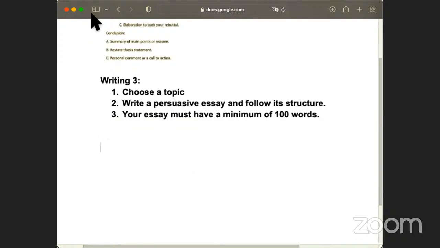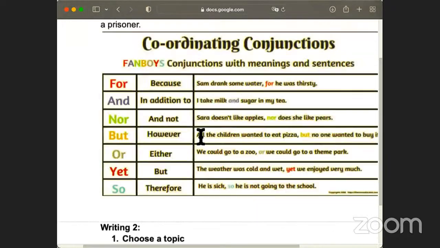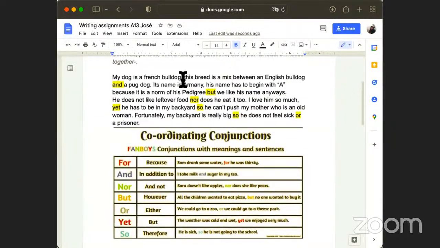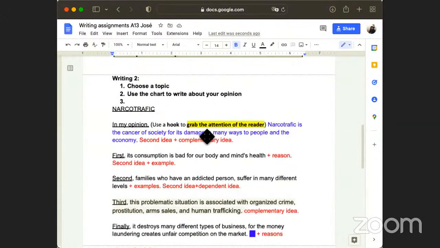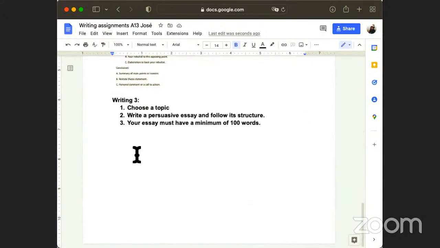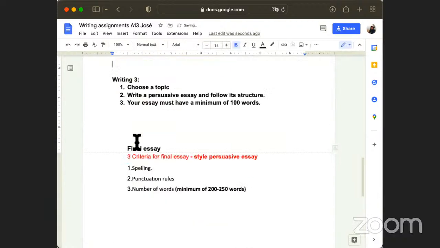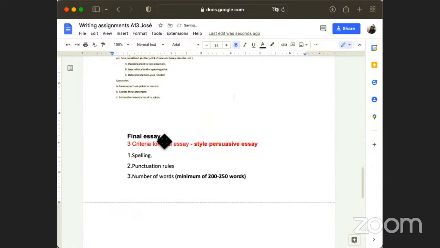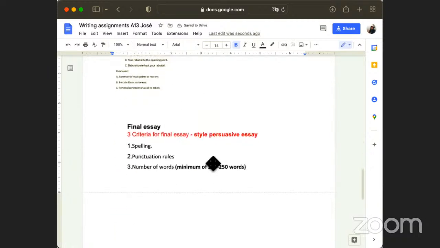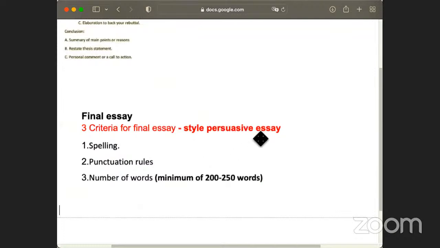Now your final essay is going to be just a little bit longer. You can use any of these writings that you already used to base your final essay, it could be this one or the one you're going to write. But the final essay should have a persuasive essay style.